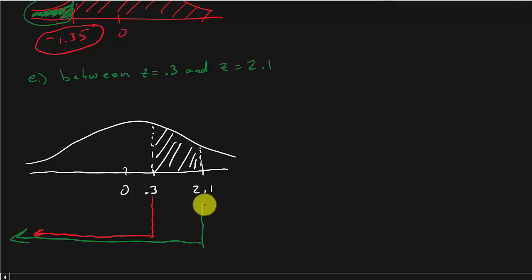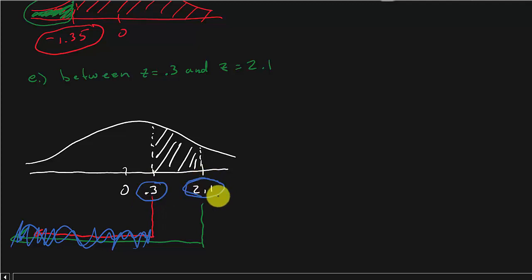Well, look at this. If you take all of this area to the left of 2.1 and you subtract off this area to the left of 0.3, you subtract all of this off, see, that just leaves us with this area in between. So we look up the value of 2.1, we look that area up, and then we look this area up and we subtract the two.